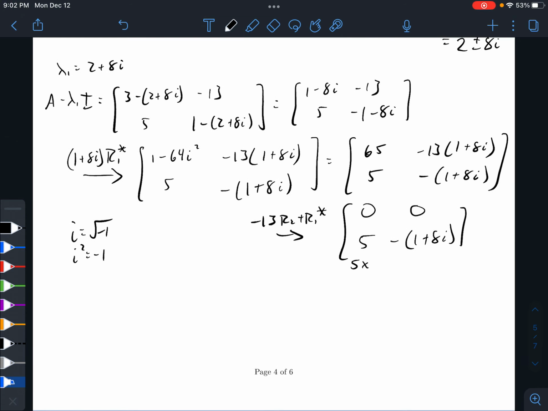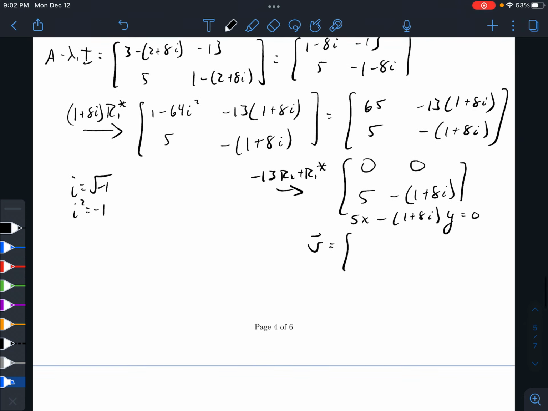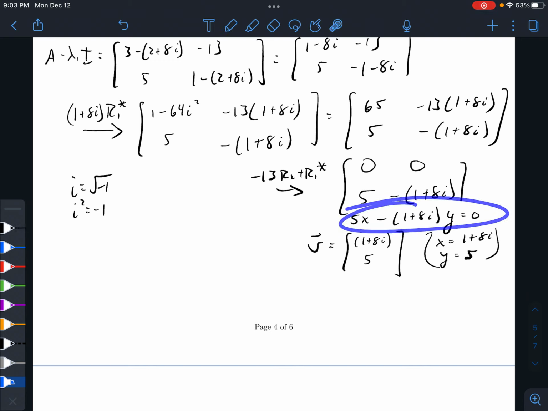Now I get (5x minus 1 plus 8i) y is equal to 0, and so my eigenvector will be, let's pick x to be 1 plus 8i and pick y to be 5, then this equation is going to be satisfied just plugging these values in.